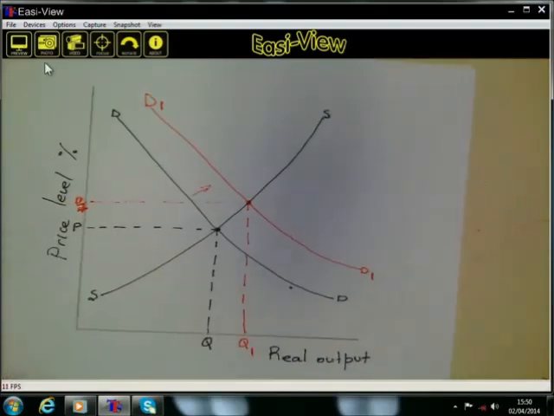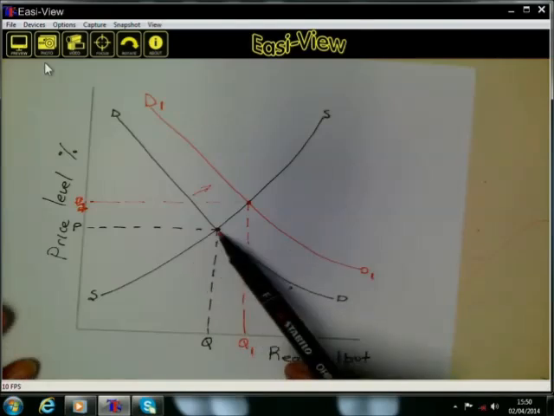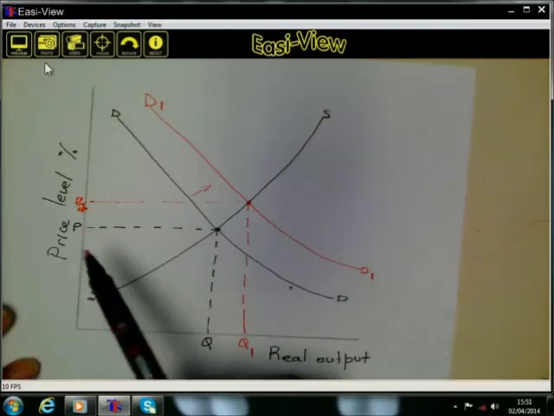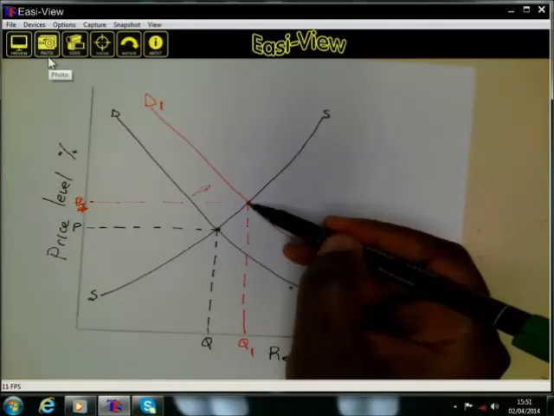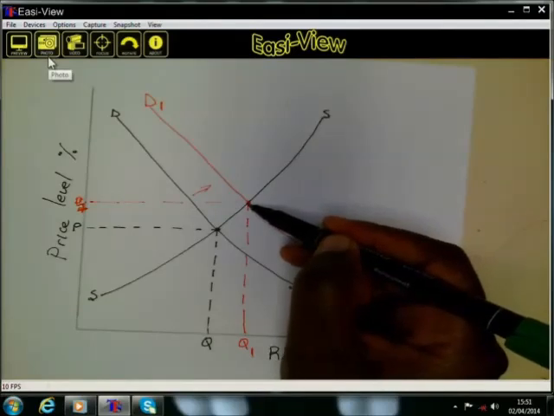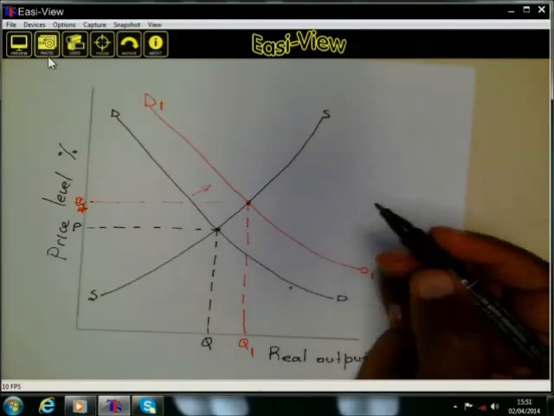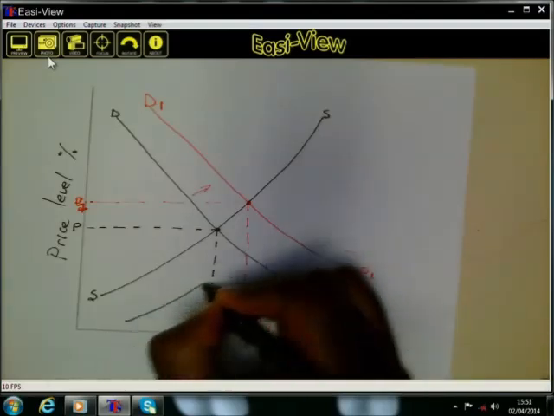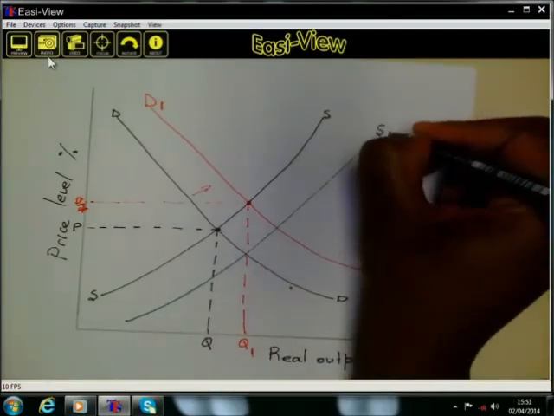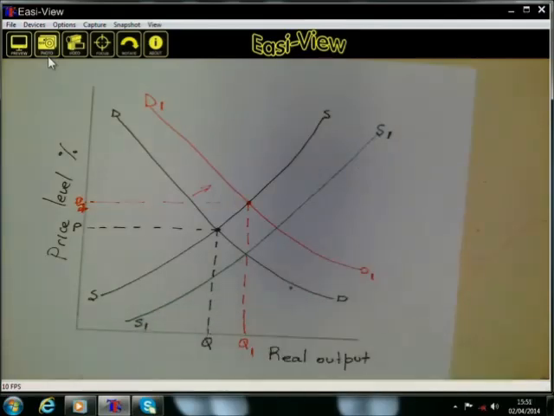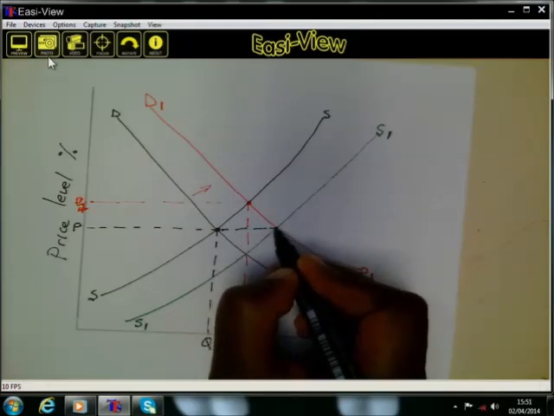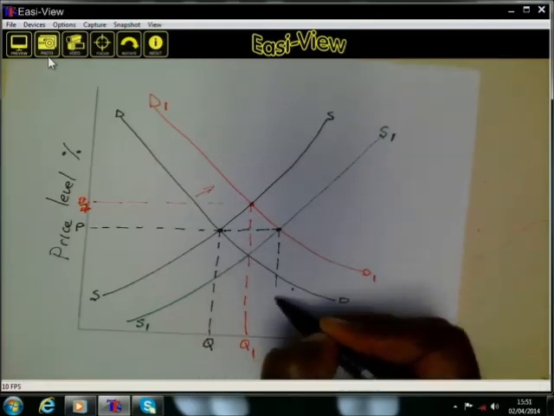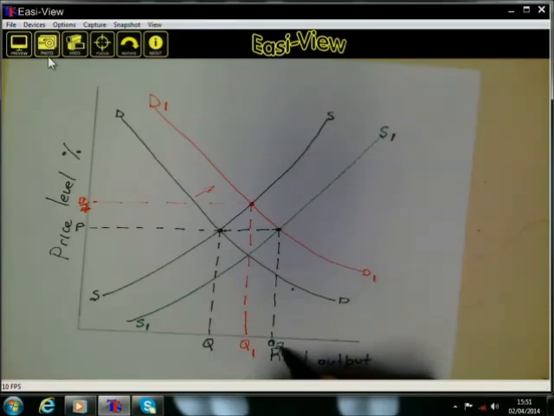So to ensure that we always have lower prices and to curb inflation in our economy, what is required? The requirement is when demand shifts to the right, supply must also shift. So there is our supply; it also shifts to the right. When that happens, the prices remain the same, even though the quantity demanded might increase.